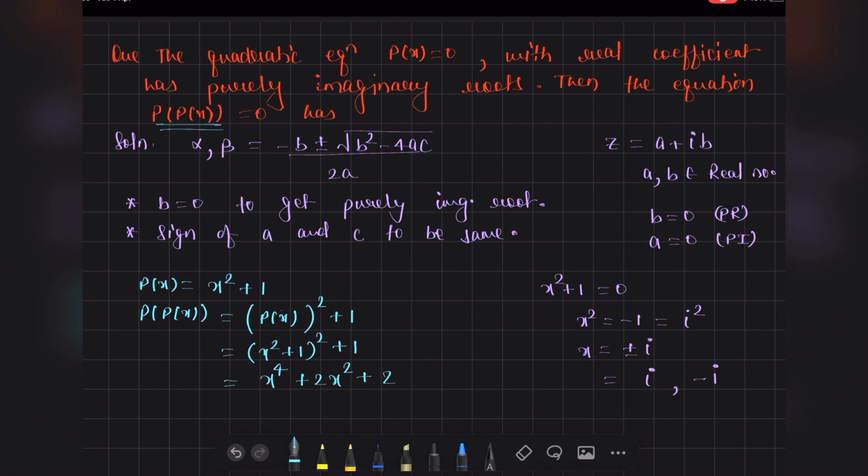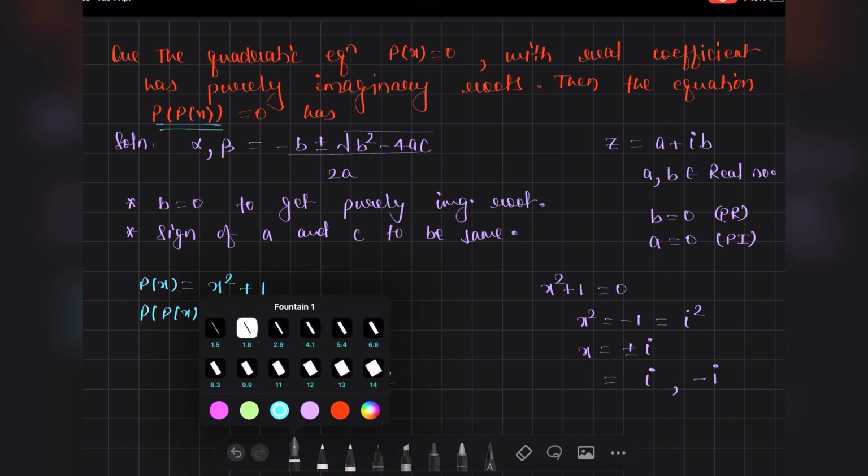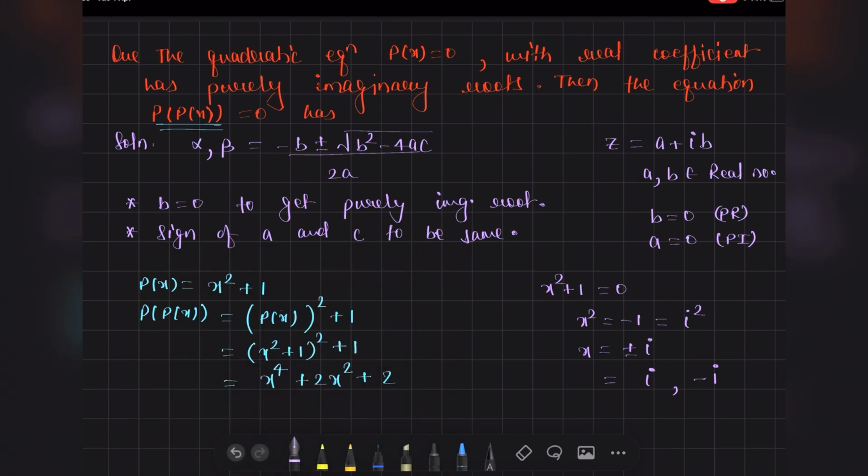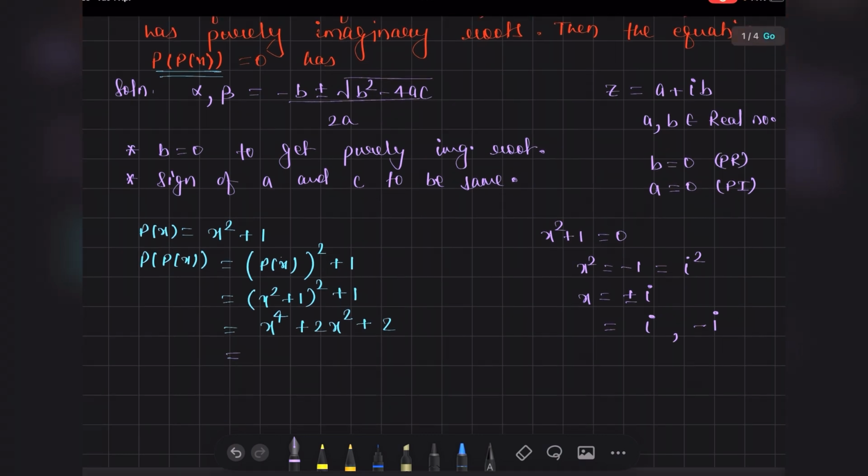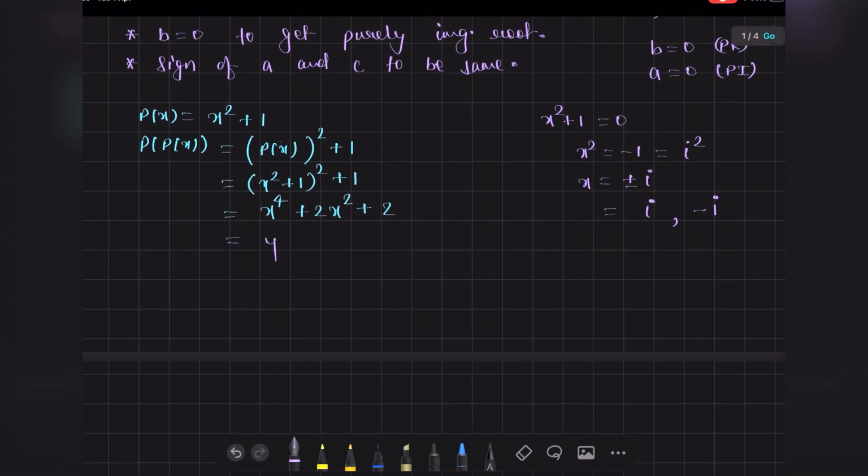Now look at this. If you observe this equation, whenever you have x to the power 4, x to the power 2, x to the power 0, try to take that thing as y. Suppose you have taken x square as y.